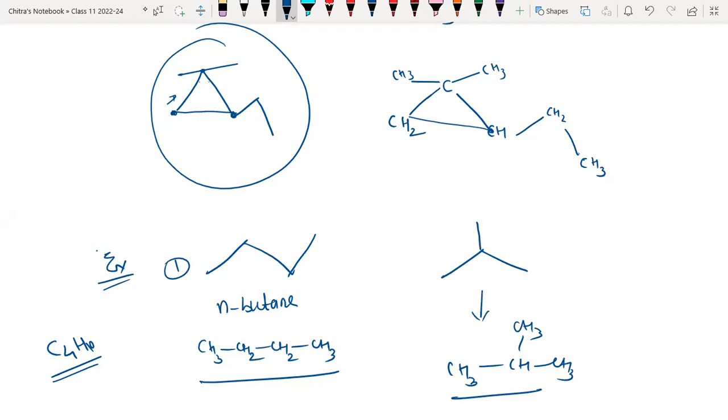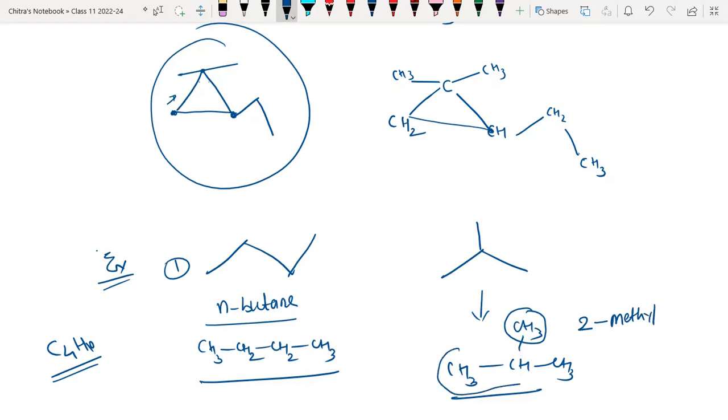Understood? Now we are going to write the names also. So this is n-butane, which we have already written here, n-butane or only butane. And for the other, see, the methyl group is present on the second carbon atom. So we have to write the substituent's name first. So it will be 2, and the name of the group is methyl, so 2-methyl.